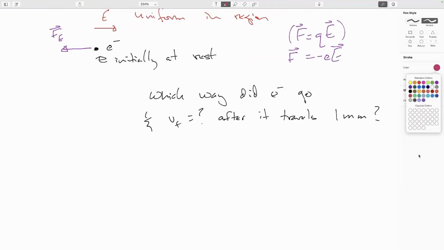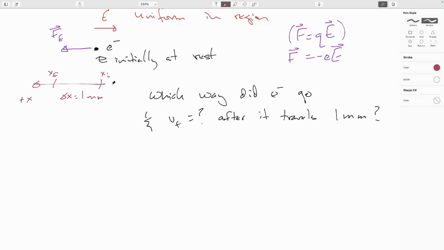So we may as well go ahead and let x positive be to the left here. So we'll say we travel delta x equals 1 millimeter like this. This is my x initial, that's my x final. V initial is 0 meters per second. What is my V final?